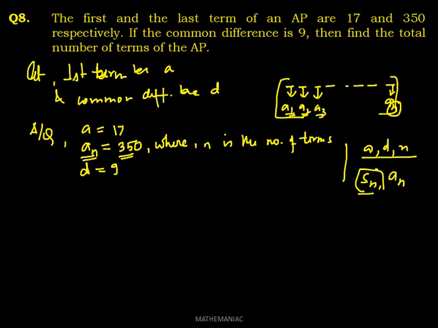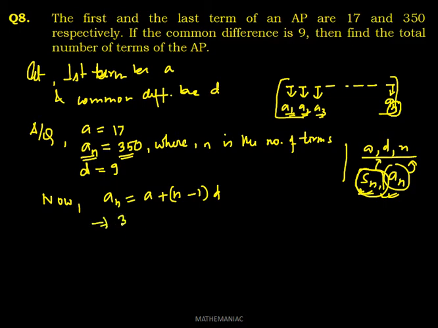These are combinations of these symbols, right? So wherever you have seen these terms, you should have a tendency to apply their relations in terms of these three quantities, right? So here also I have AN. So let me start with AN only. AN will be given as A plus N minus 1 into D.